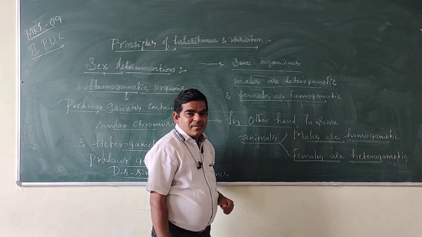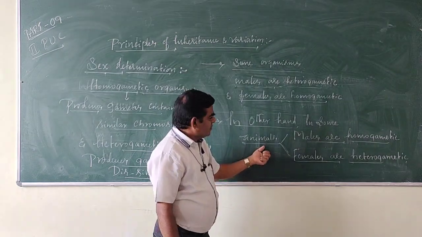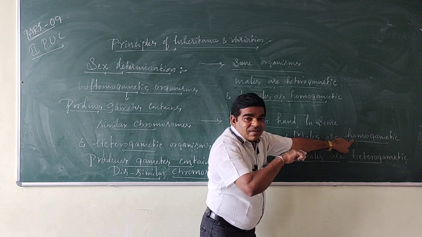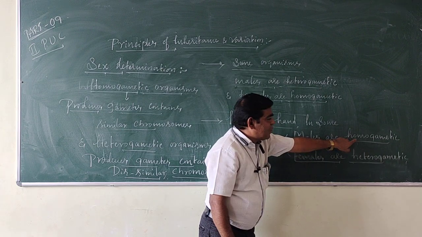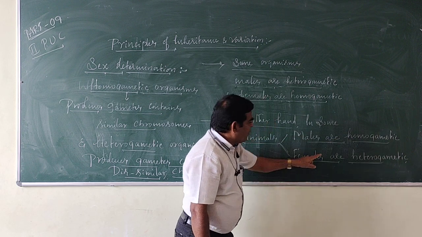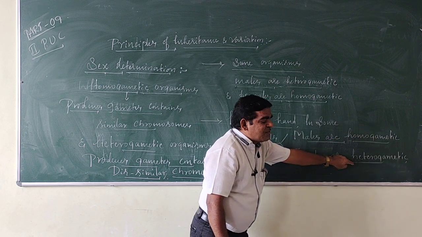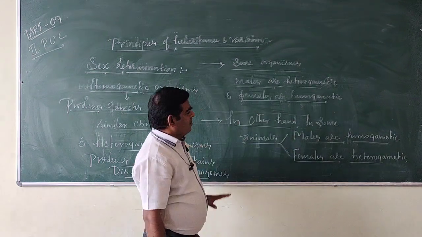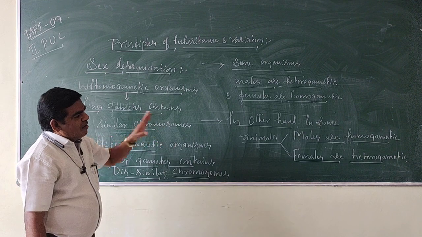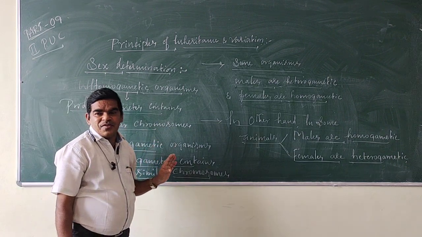In other animals, males are homogametic, producing similar gametes, and females are heterogametic, producing dissimilar gametes. Clear?